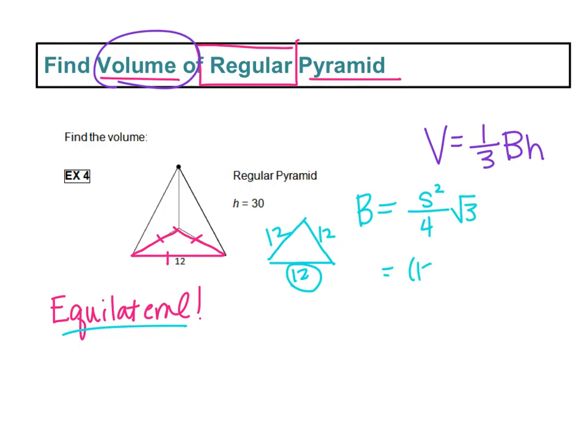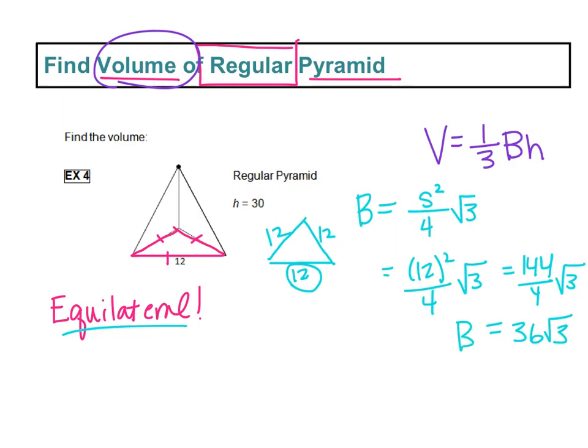So 12 squared over 4 times the square root of 3, which is 144 over 4 times the square root of 3. And 144 divided by 4 is 36 square roots of 3. So that's the area of our base.